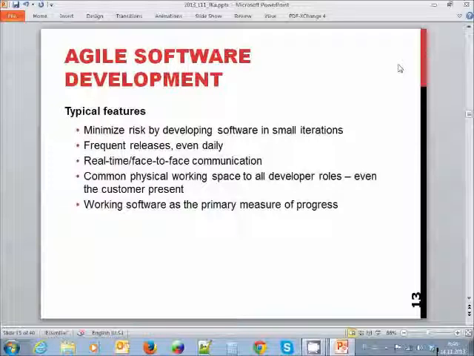The idea that the teams are relatively small, less than 10 people, working in the same premises so that we can talk to each other.